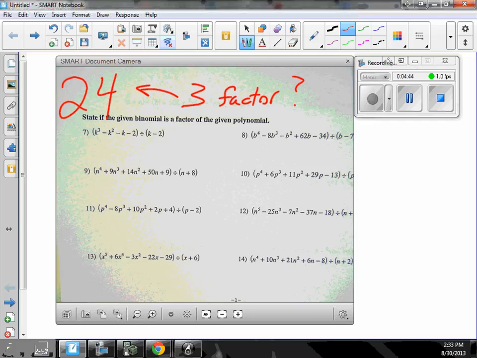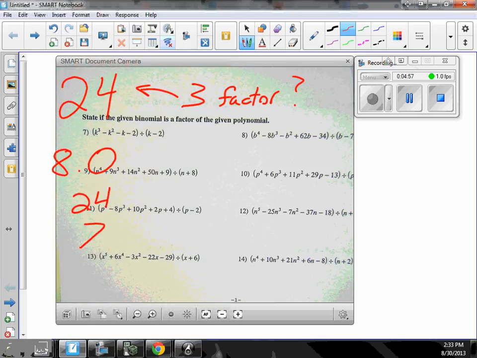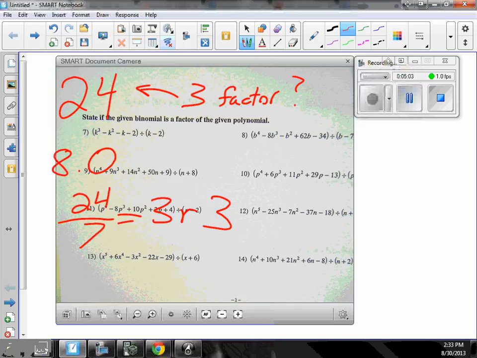Right? But if I divide 24 by 7, I get 3 remainder 3. So anytime you get a remainder that's not 0, it means that it's not a factor.